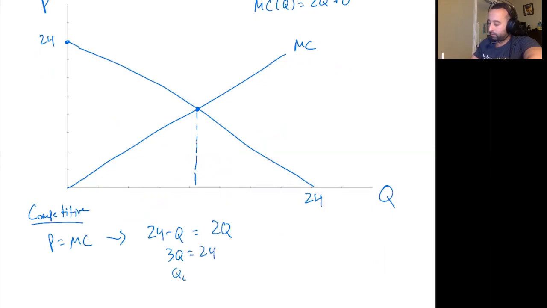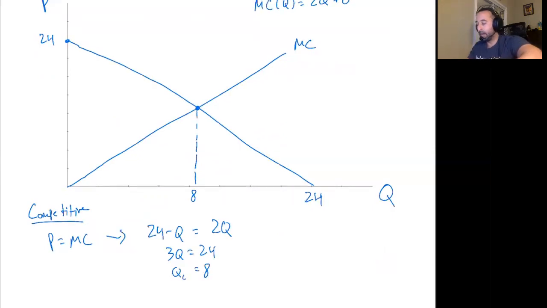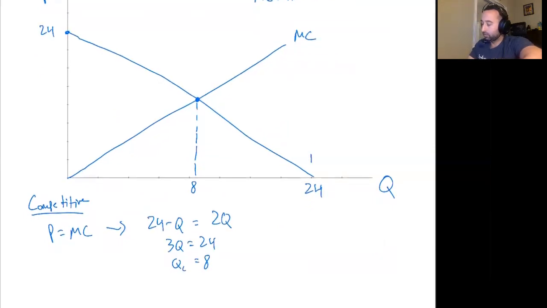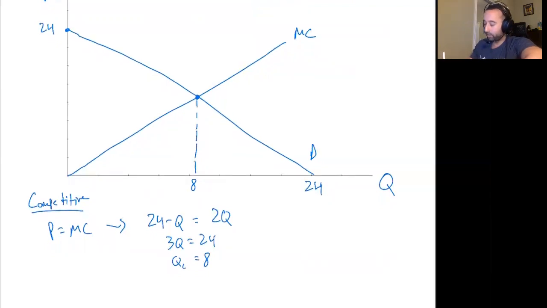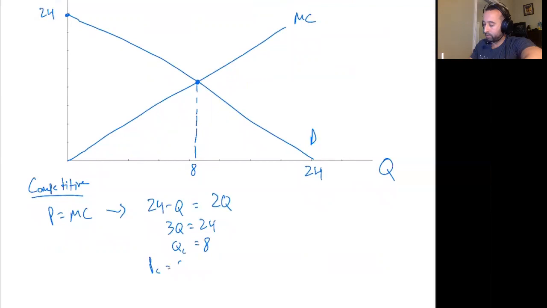Q for the competitive market is equal to 8. If we plug 8 back into either our marginal cost or our demand function, we get P for the competitive market equal to 16.